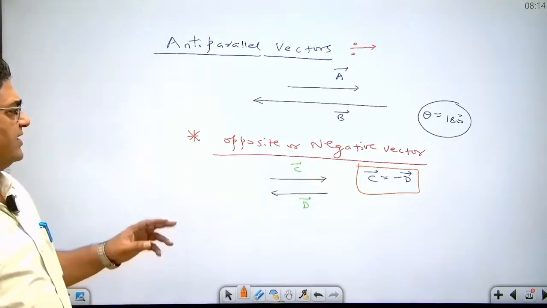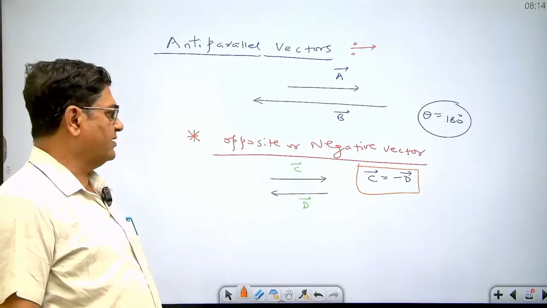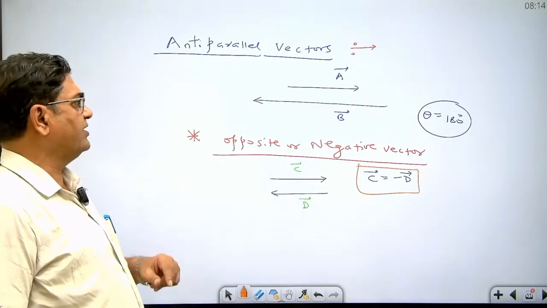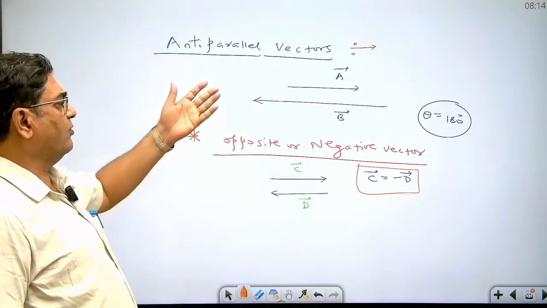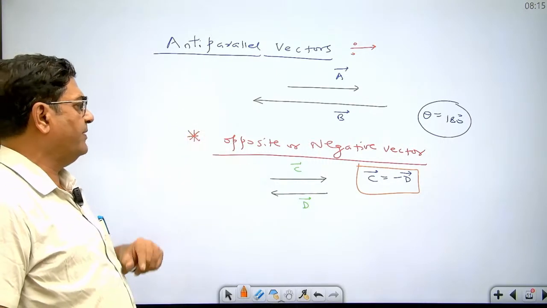Two vectors are said to be opposite or negative vectors when their direction is opposite and magnitude is same. So you can say all opposite vectors are anti-parallel vectors, but all anti-parallel vectors may or may not be opposite vectors.